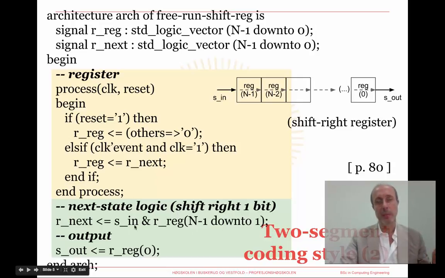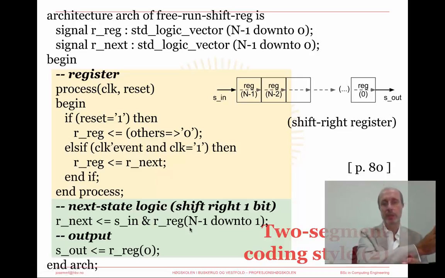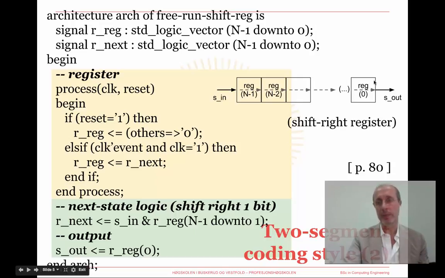So in this case the most significant bit will acquire the external input, and all the other bits will take the value of the bit that was to their left. And of course the least significant bit will be discarded. The output section, in this case, has a single output, which is S underscore out, and it simply takes the value of the least significant bit.